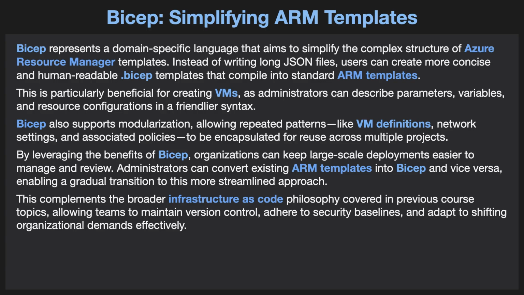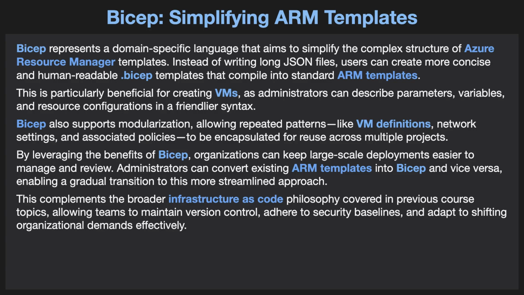Bicep also supports modularization, allowing repeated patterns like VM definitions, network settings, and associated policies to be encapsulated for reuse across multiple projects. By leveraging the benefits of Bicep, organizations can keep large-scale deployments easier to manage and review.